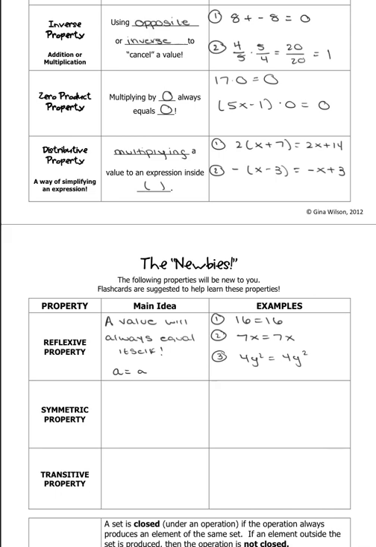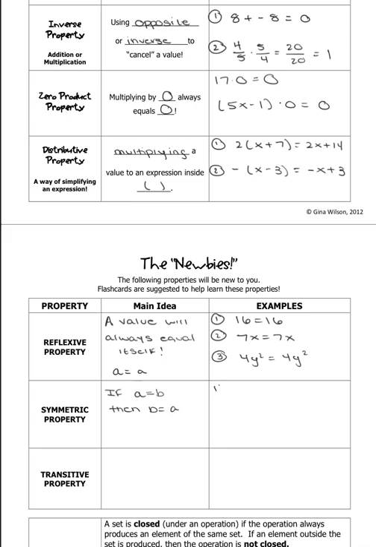Then the symmetric property. If A equals B, then B equals A. For example, when we're solving a multi-step equation with variables on both sides, it doesn't matter whether you move the variable to the left side or to the right side, it's going to be the same.